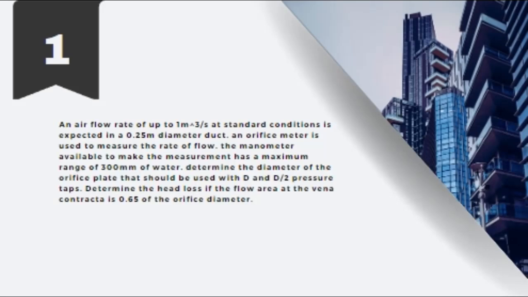The manometer available to make the measurement has a maximum range of 300 millimeters of water. Determine the diameter of the orifice plate that should be used with D and D/2 pressure taps, and determine the head loss if the flow area at the vena contracta is 0.65 of the orifice area.